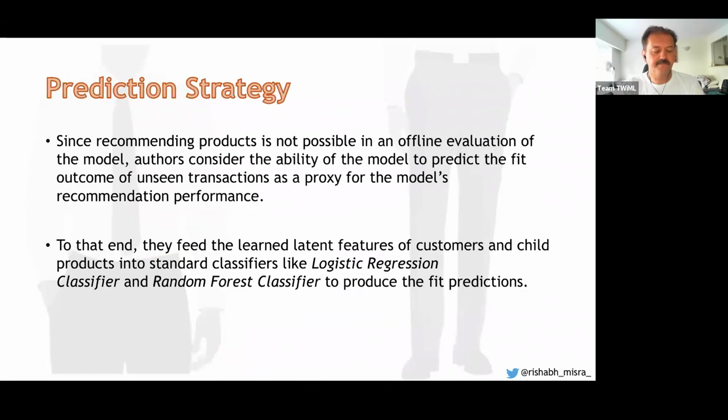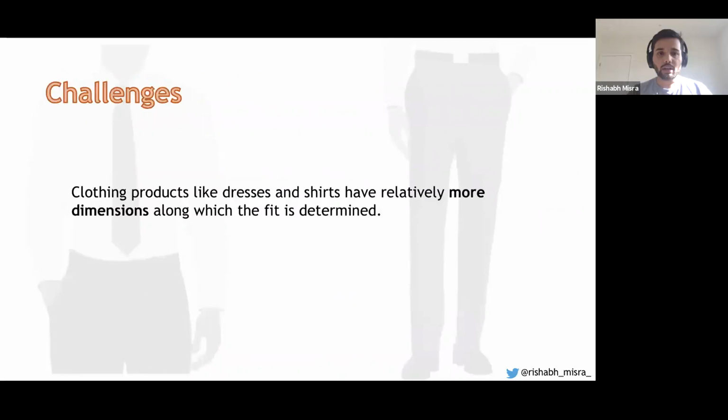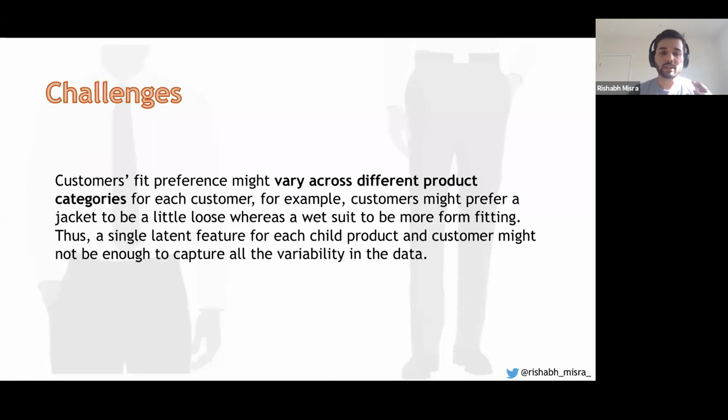All right. So then we identified some of the challenges which were unanswered in the original paper. First, for products like dresses and shirts, there are relatively more dimensions along which fit is judged, so having just one latent variable to capture all those properties might not be sufficient.